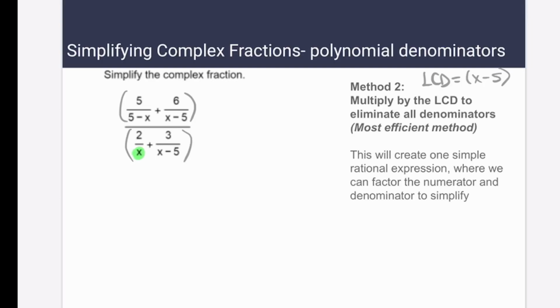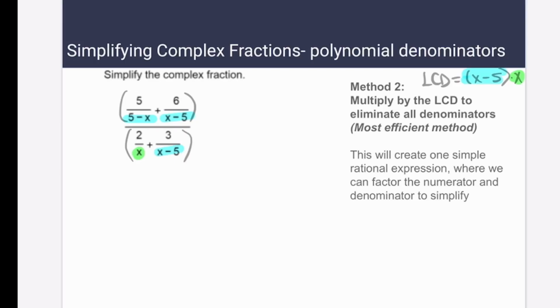So you have these x plus 5s and the 5 minus x, which would be taken care of by that binomial. But the monomial x also has to be in your LCD. So that's our LCD. In factored form, it's going to be x times x minus 5.